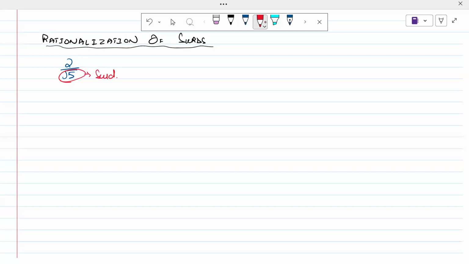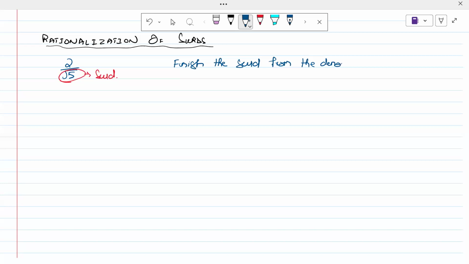Why do we rationalize? Rationalize means we have to eliminate the surd from the denominator. The rationalization is a process where we finish the surd from the denominator. And why do we do this?